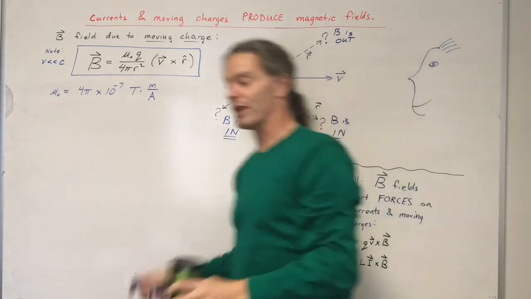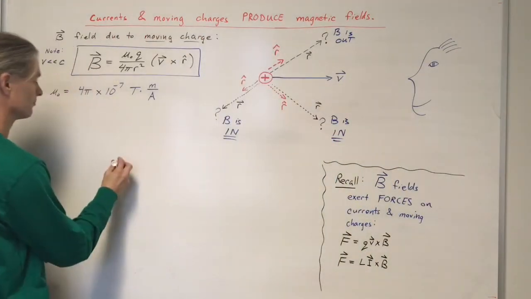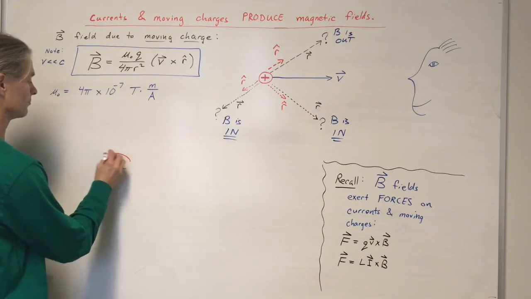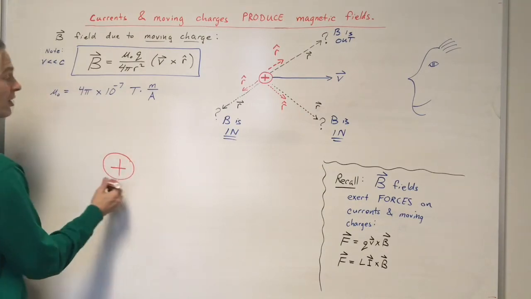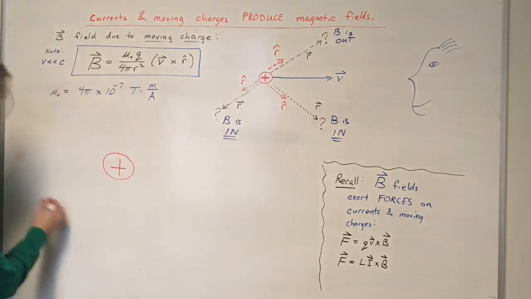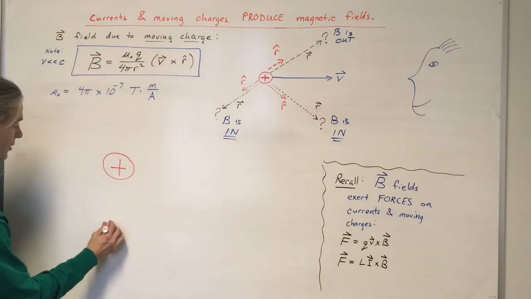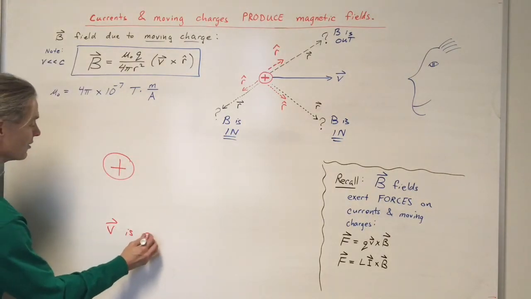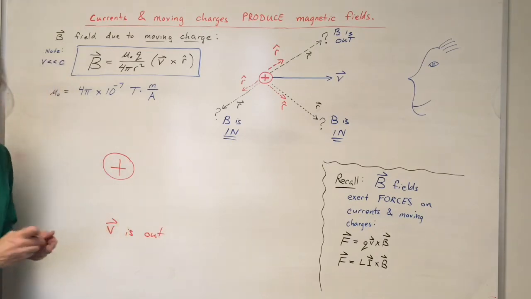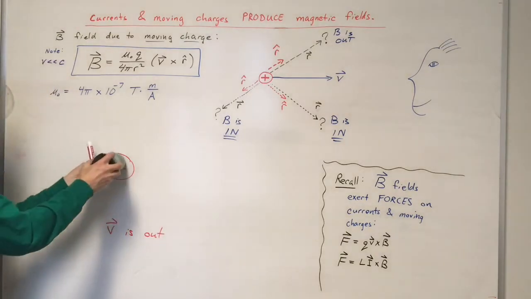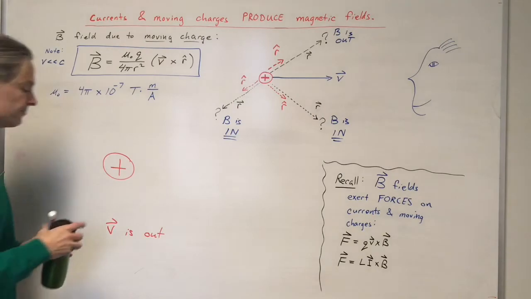So I can draw that right here. The direction of the velocity of the charge is out. I'll just write that here. Velocity is out. So the charge is coming out like this.